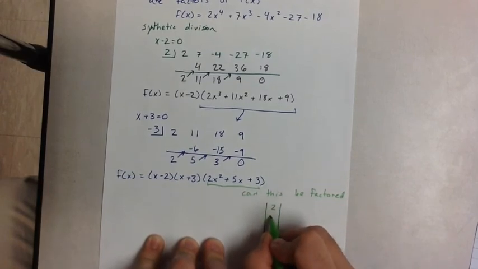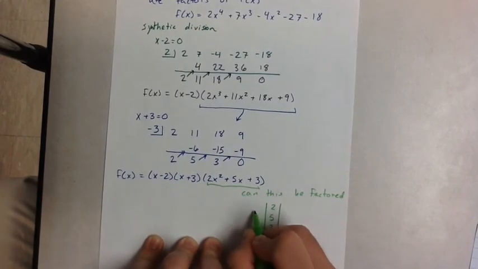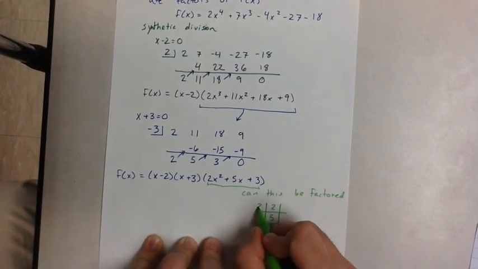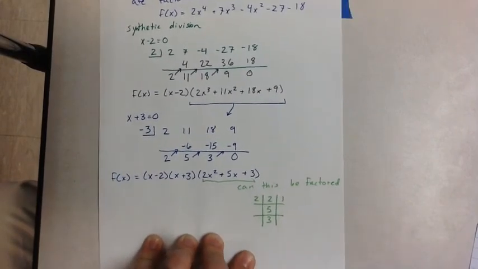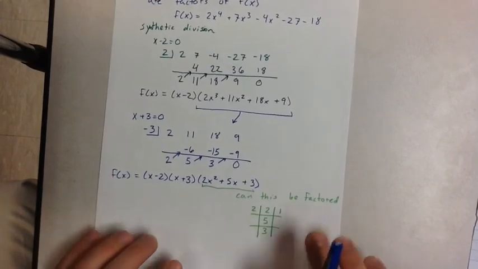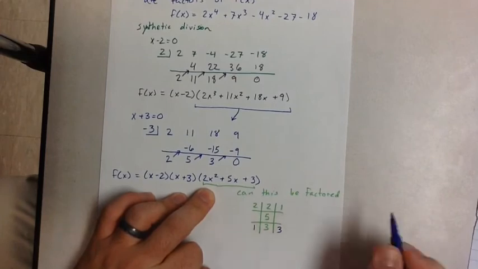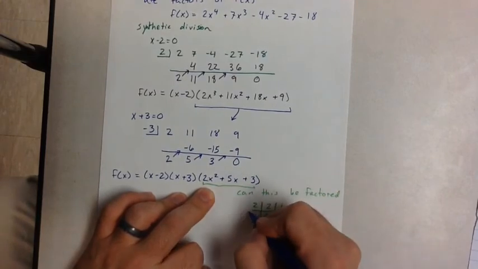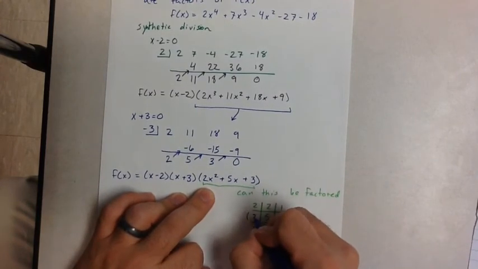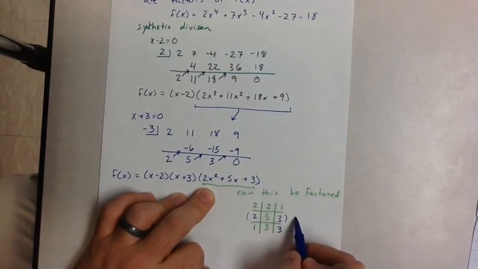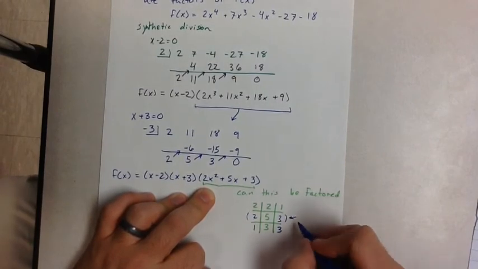So I'm going to utilize our chart, so drop 2, 5, and 3. Let's see. So 2 and 1, 1 and 3, which would give us 2 and 3, which we get our 5 in the center, which is good.